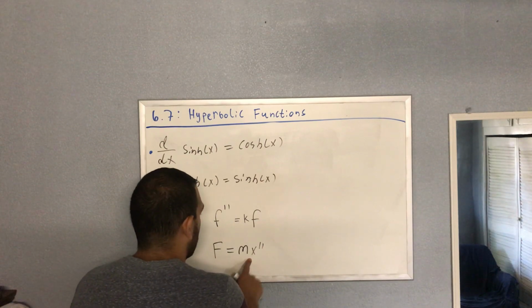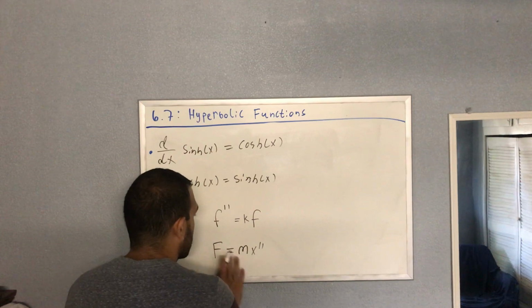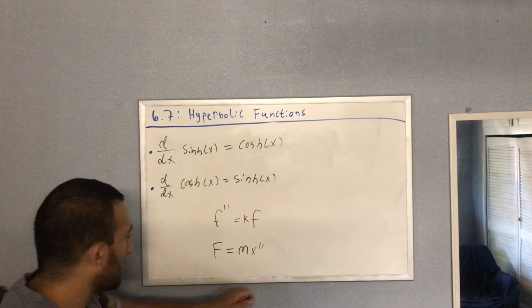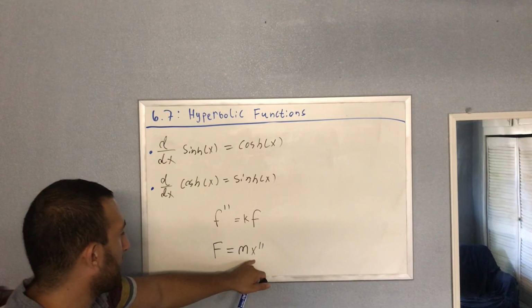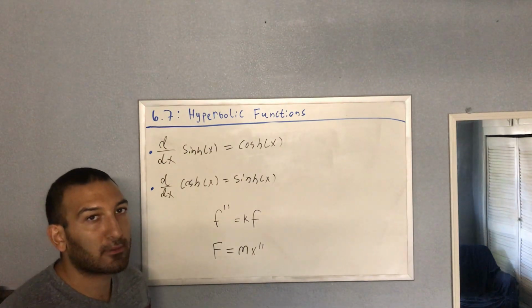So now if you move this over, you have that this quantity force is your mass times acceleration, and notice there's a second derivative here. And many times the force is proportional to that acceleration.